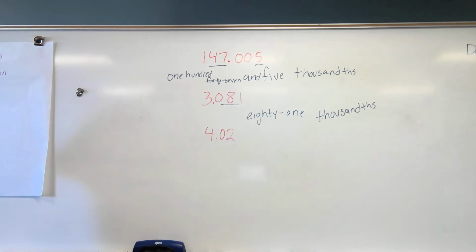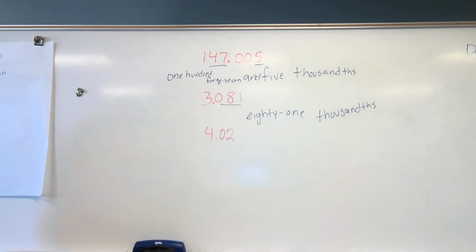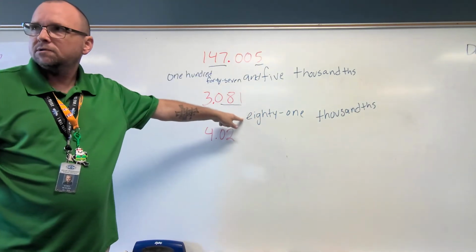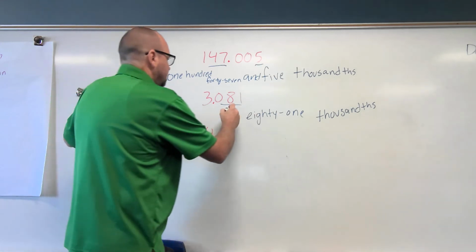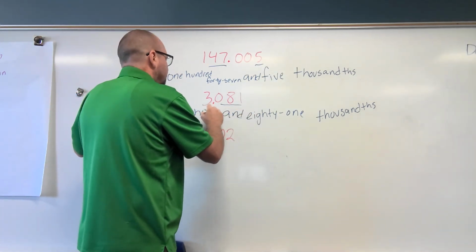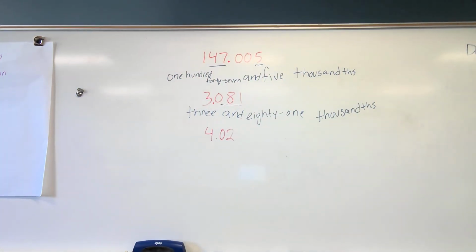And what do I have in front of it? Okay. So what do I say, Garvin, before my parts, before my numbers that are behind the decimal? Okay, I say "and," and then you said 3. Good. 3 and 81 thousandths. 3 and 81 thousandths.